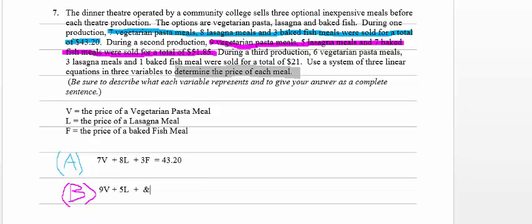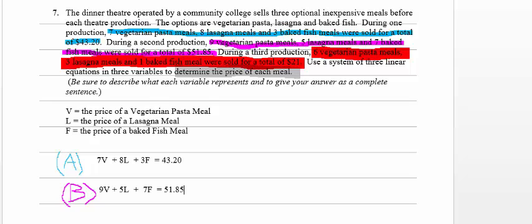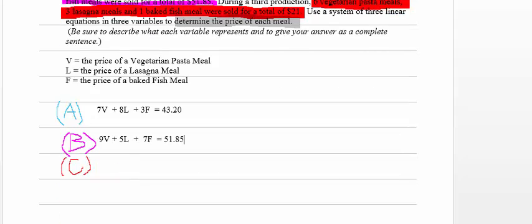Notice I've highlighted part of the second sentence, and from that highlight I get 9V plus 5L plus 7F equals 5185. So remember, the number of meals times the unknown price gives me the amount of money that I made from that meal for the day's total.